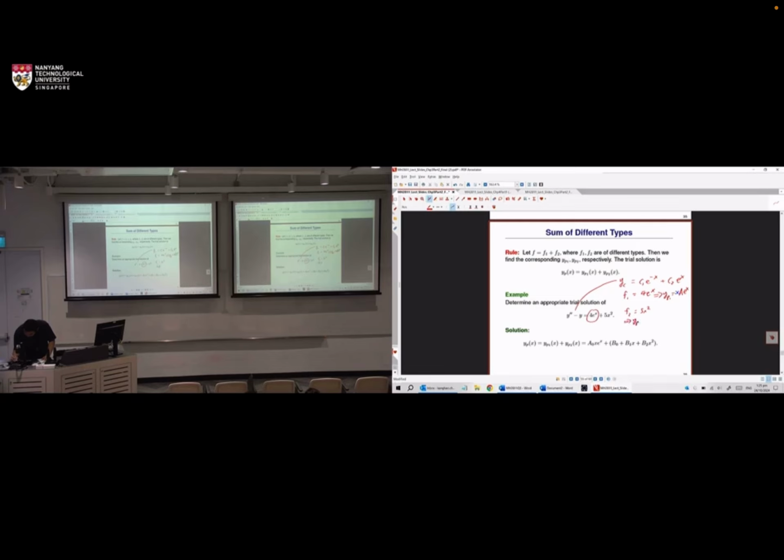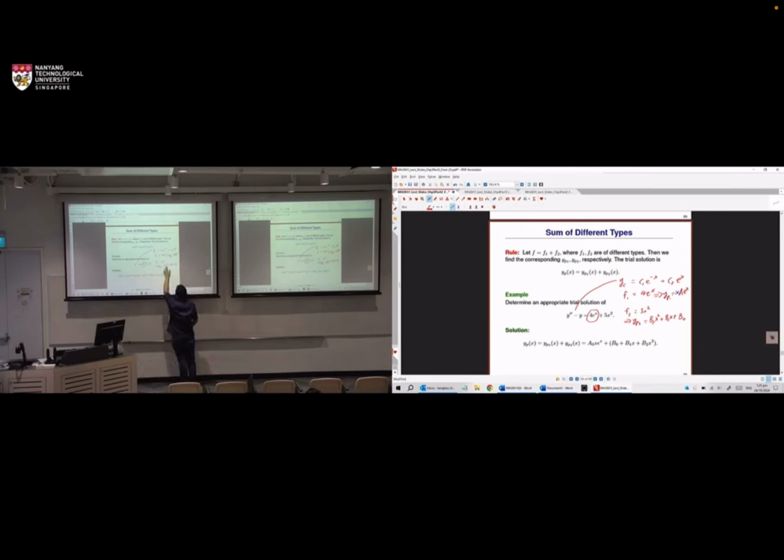So my yp2 will be B2 x squared plus B1 x plus B0. The B0, B1 and B2 are just coefficients.